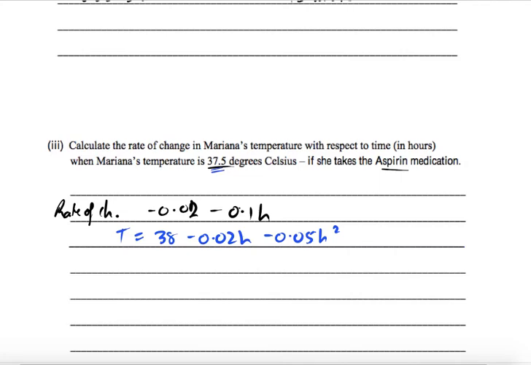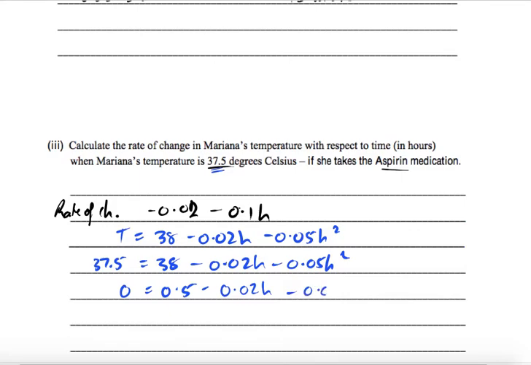So we put 37.5 degrees for our temperature. So that's the starting point. I didn't actually need the rate of change at this time. And then we take the 37.5, put it to the other side, and it is 0.5, not 0.05. We're going to have to solve this equation.